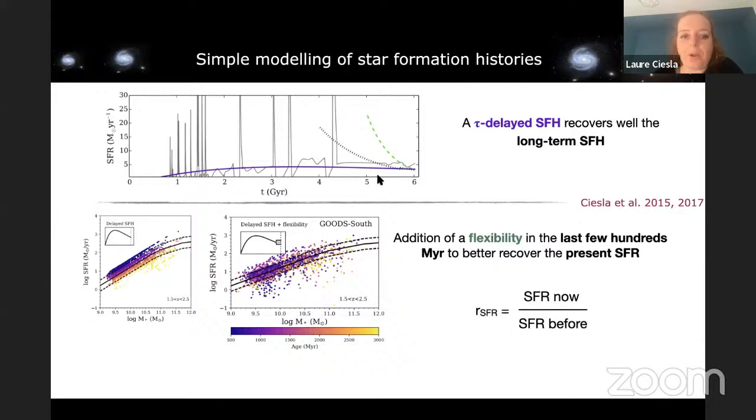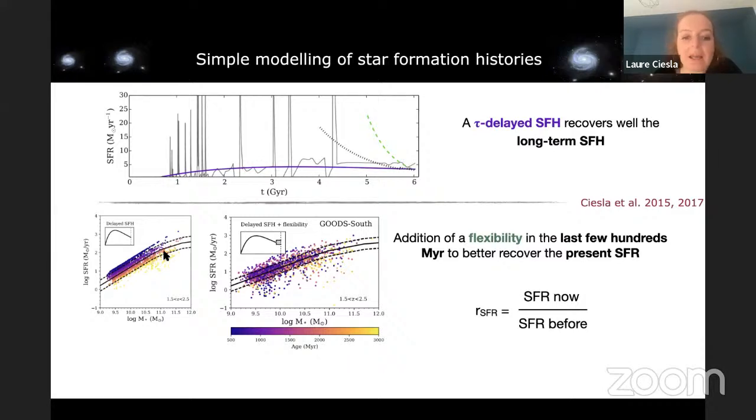And there is another problem using parametric star formation history. If you use the delayed one on a typical star formation rate, stellar mass plane, so this is the main sequence here with the scatter, this is a typical sample, you can see there is a gradient of age. Galaxies in the lower part of the main sequence seem to be older than galaxies in the starburst region.